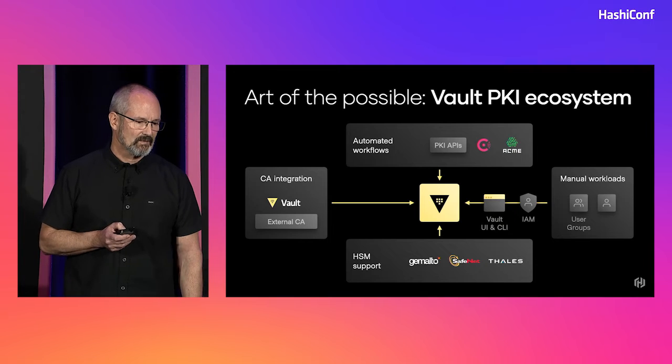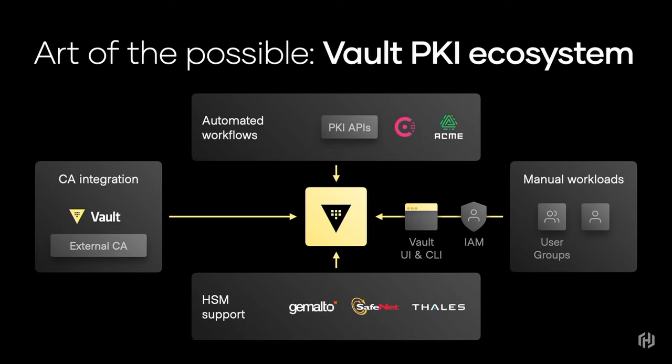And really, I think the other message to get across here is that Vault integrates well with existing infrastructure. You can see the ecosystem here that's supported, whether someone has manual processes or automated processes.